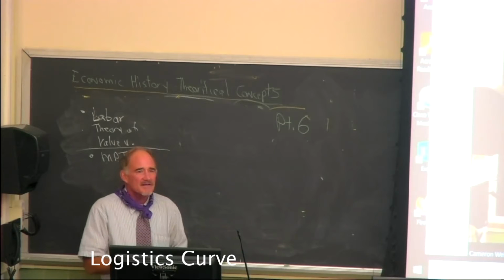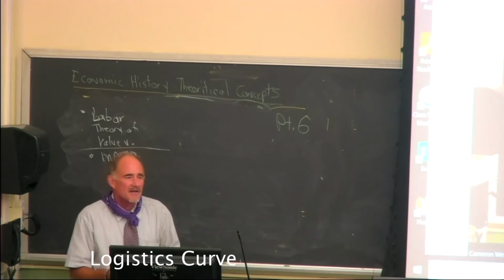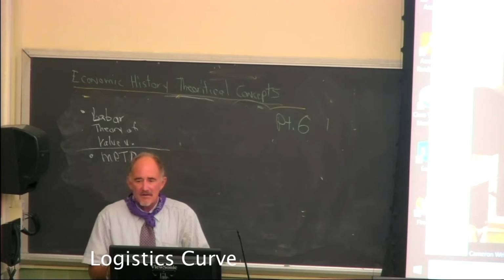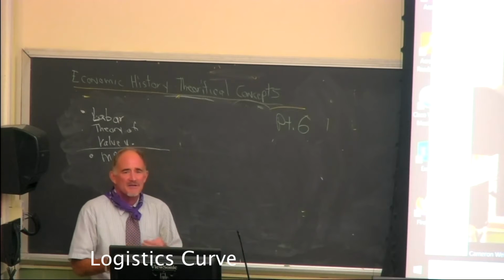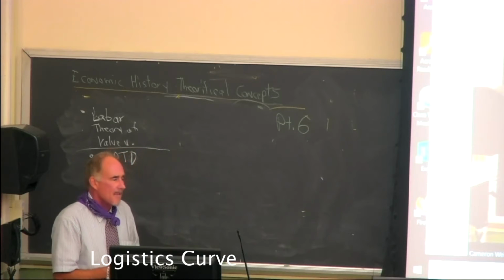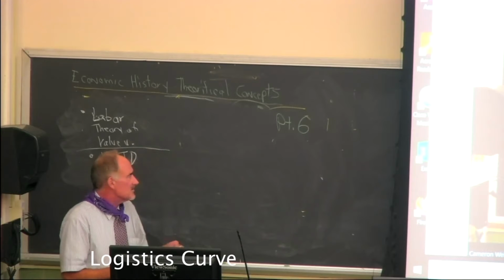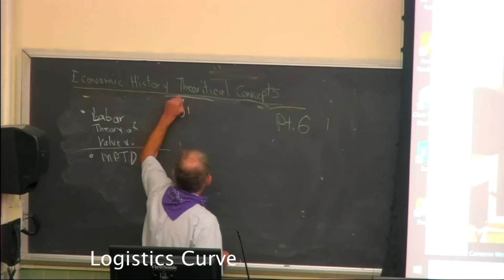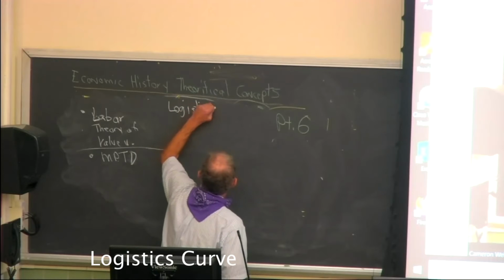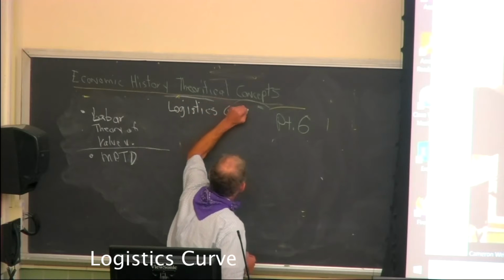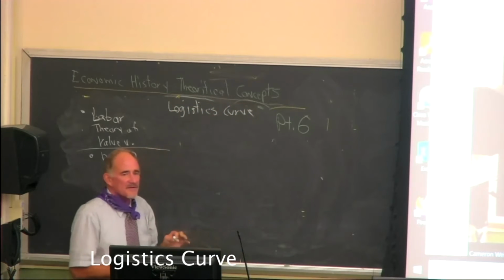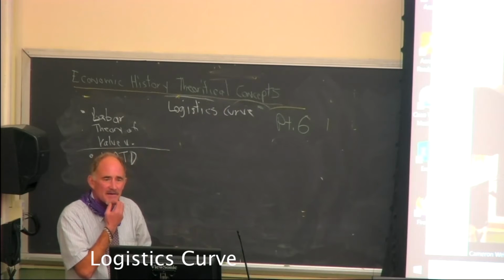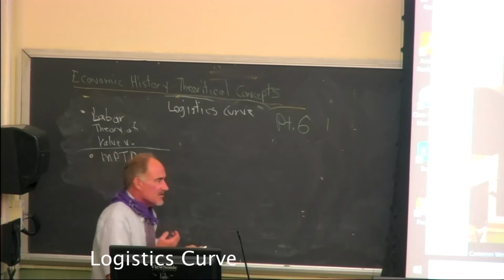So one of the things that people developing this course were interested in is effects on population. When we get to the logistics curve, we'll look at two different types of logistics curves, one based on economic growth, another one based on population growth.